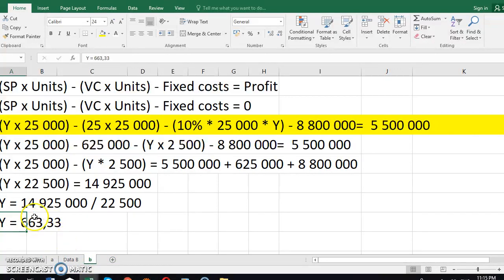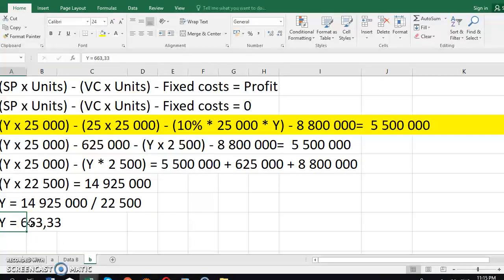Because if you got an answer of less than 500 here, it would not make sense. I mean, nothing else changing except the fact that you have a higher profit that you want to make, how can you end up selling for a lower price? So this answer had to be higher than 500.